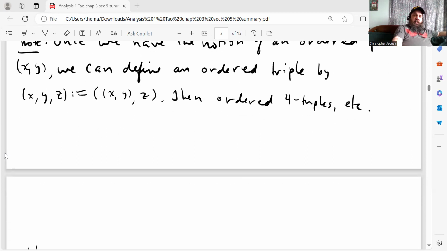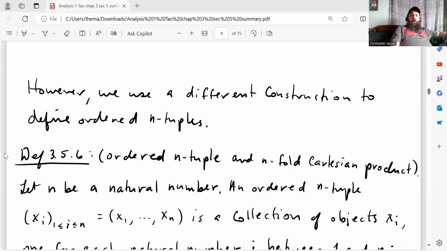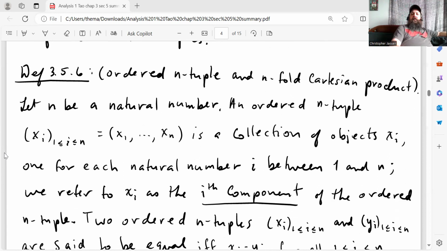But that's actually not the way that we're going to do the construction of ordered n-tuples. Instead, we'll use definition 3.5.6, but he just says you could do it that way. And like I said, for us at least, we're going to ignore the technical differences between the 2 types of things. So this is definition 3.5.6, ordered n-tuple and n-fold Cartesian product.